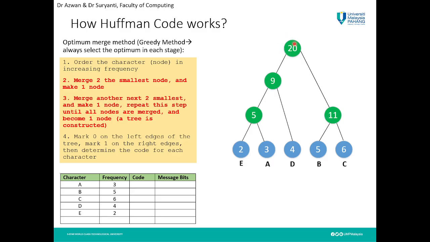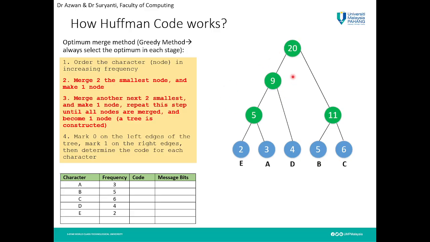So the idea of Huffman code is it will always merge until in the end we get a single node here. So you can see here this is a tree. Graph theory or graph algorithms always relate to trees. Now we already have a single tree here.